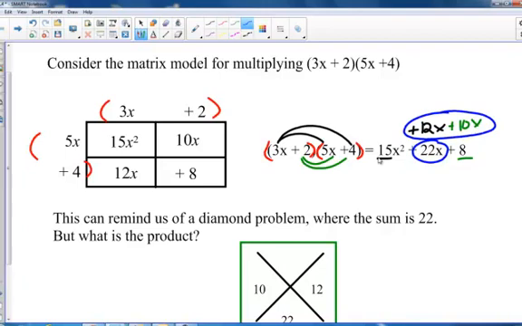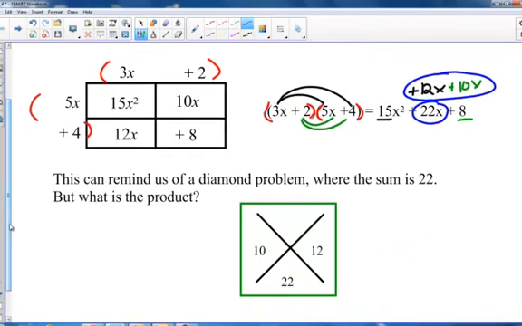Now, the diamond puzzles we were doing, we always had a 1 in front of the x squared. So this number up here was what they multiply to give you, and this is what they add to give you. Now, if we don't have a 1 in front of the x squared, we have to multiply the first times the last to see what it has to multiply to give you.